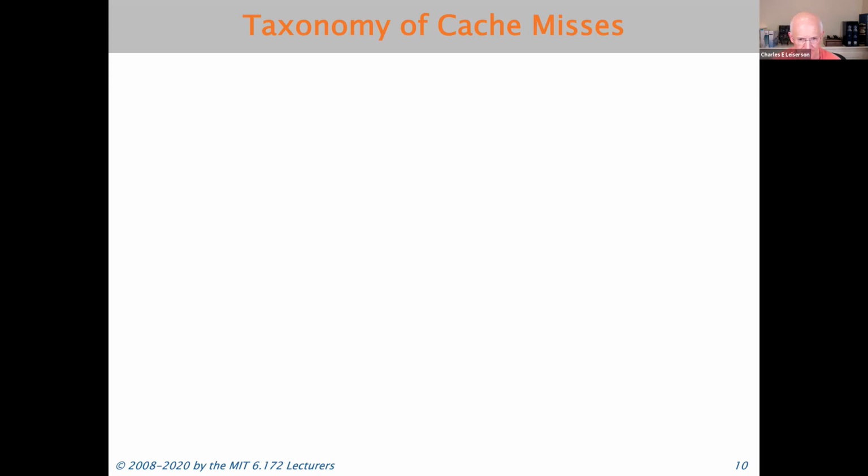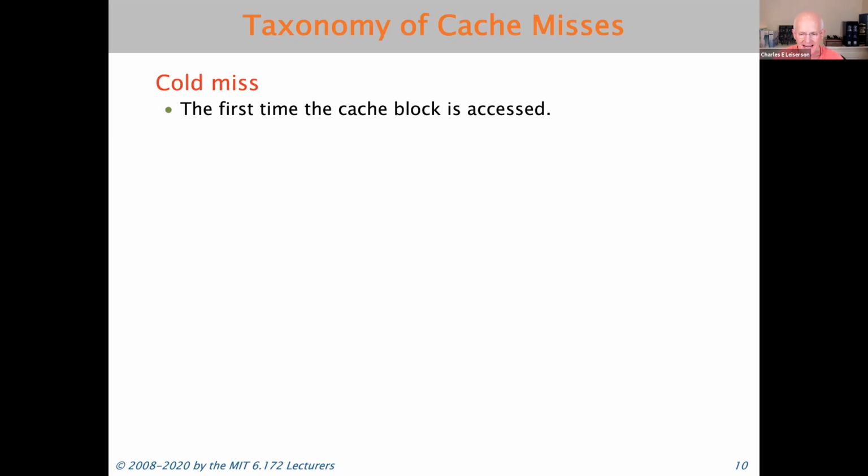you can figure out the best way of adapting to try to reduce the number of misses. The most innocuous kind of cache miss is what's called a cold miss. Here we've never accessed the block before, so no wonder it's not in the cache. Not much we can do about that. If we've got to access it, we've got to access it the first time.